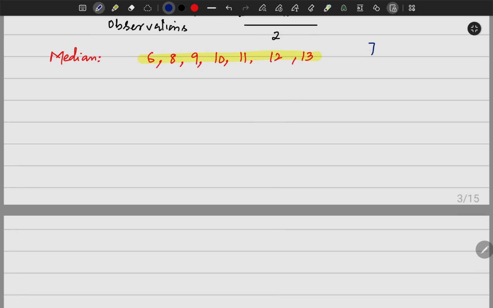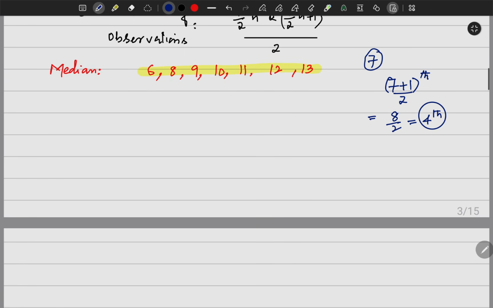So you have 7 observations. The median is 7 plus 1 divided by 2, that is 8 divided by 2, so the fourth one is your median. Note it should be in ascending or descending order, and here the data is in ascending order. So our fourth one is 10. The median of the data is 10.